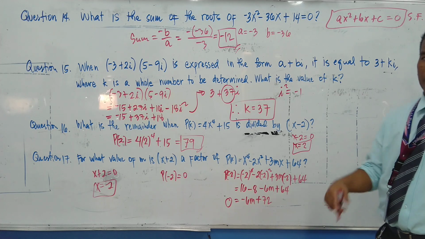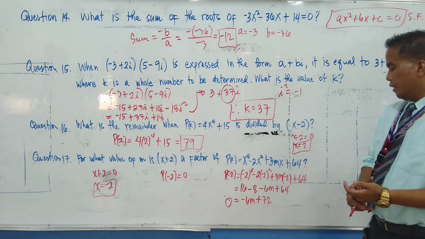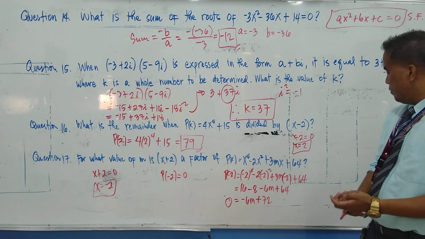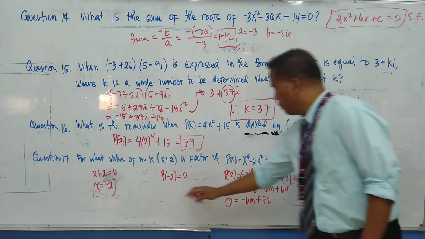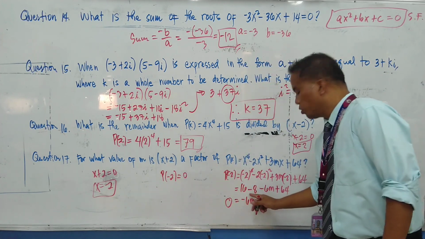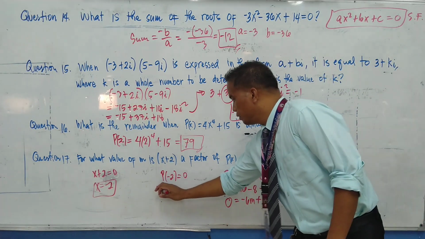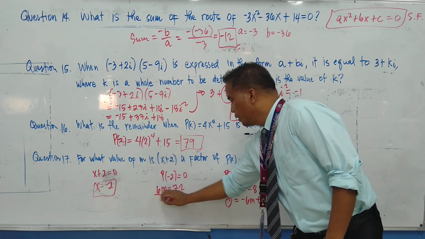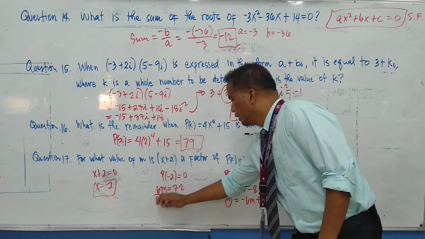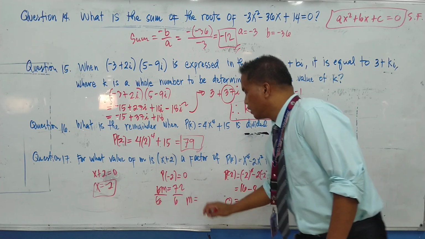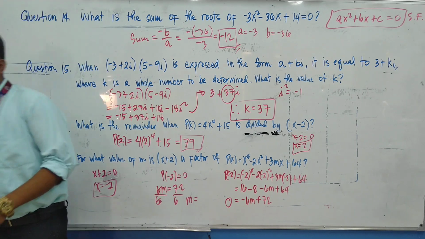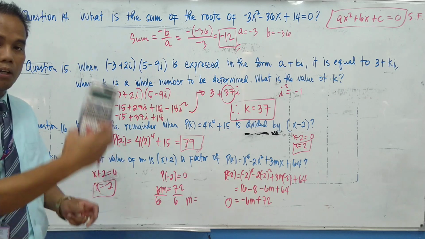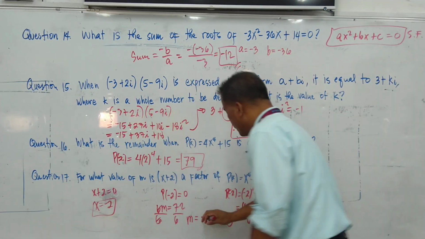So we transpose the negative 6m, so positive 6m equals 72. Divide both sides by 6. So m is equal to 72 divided by 6, which is equal to 12.